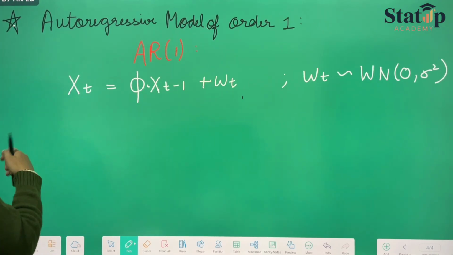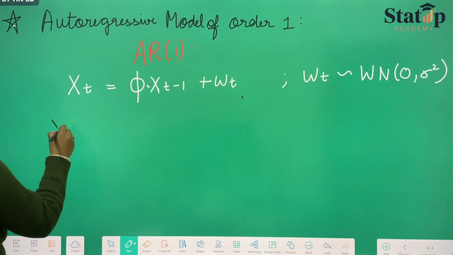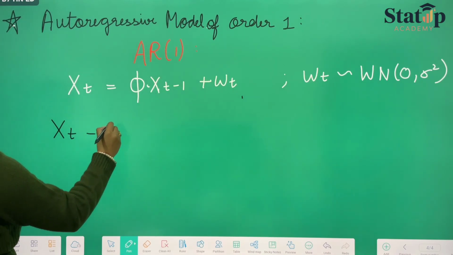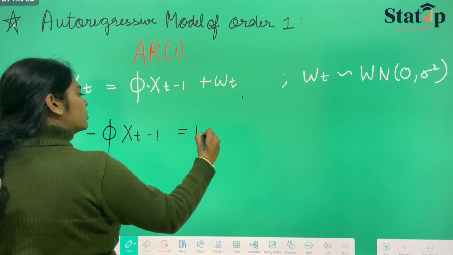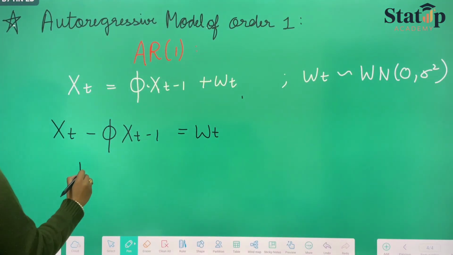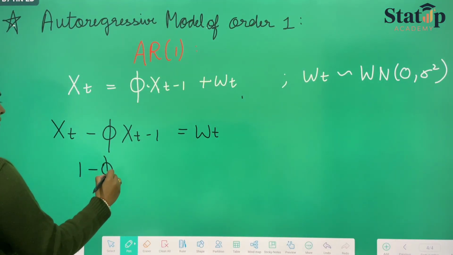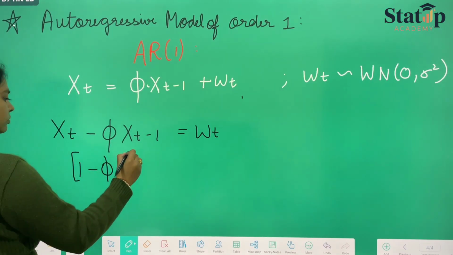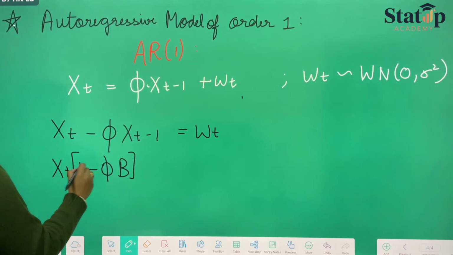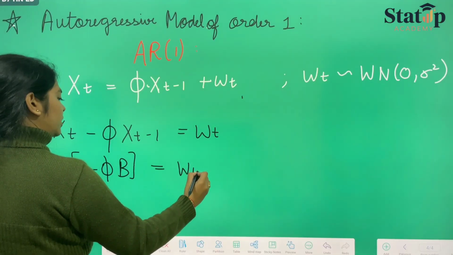So here let us take those equations also. Xt minus phi x t minus 1 is equal to wt, so 1 minus phi B xt is equal to wt.